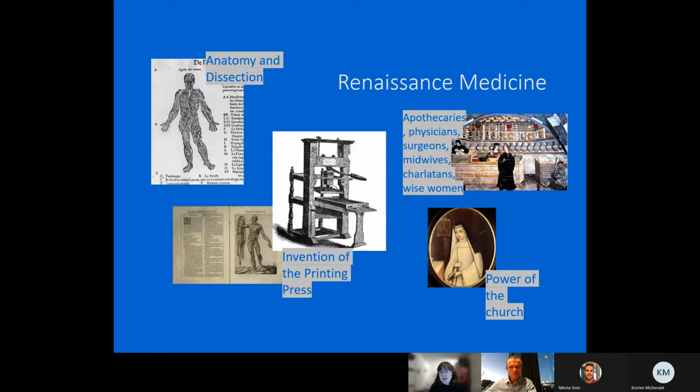Some were thought to have a lot of knowledge based on their own experience, even if they weren't taught in university. So that might be your midwife. But some were total quack figures who were just exploiting people's interests in medicine and trying to get by.